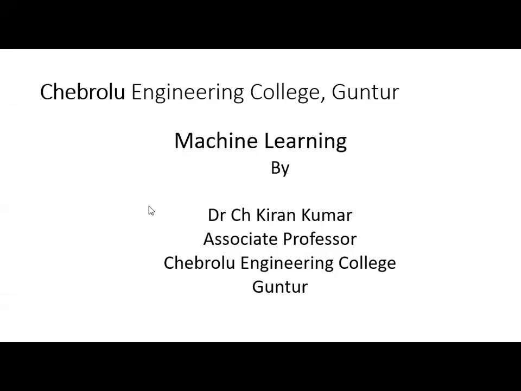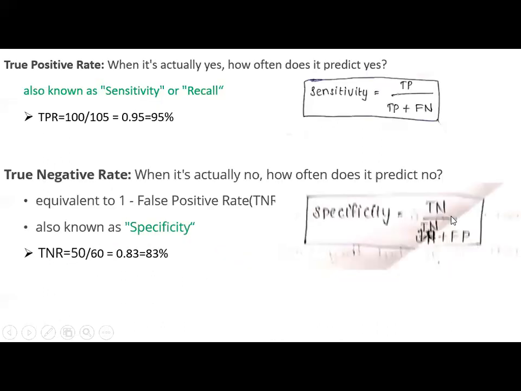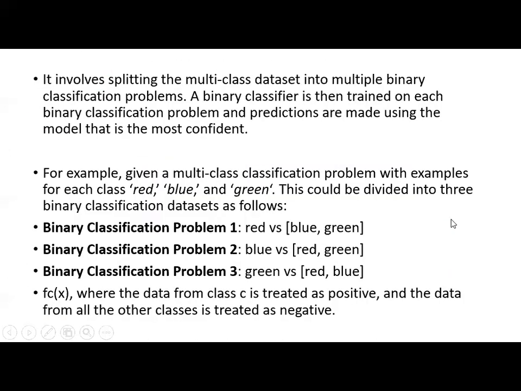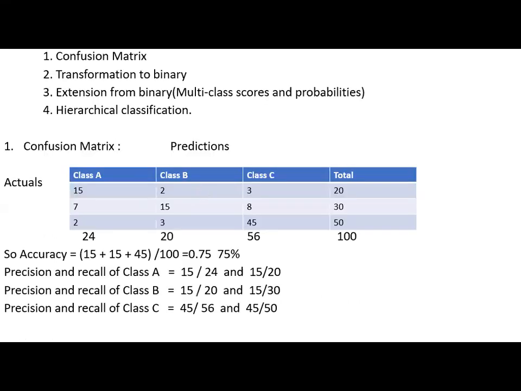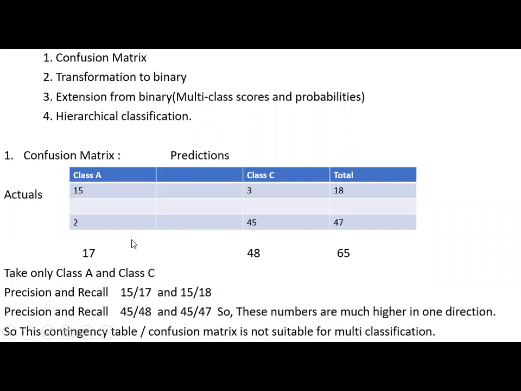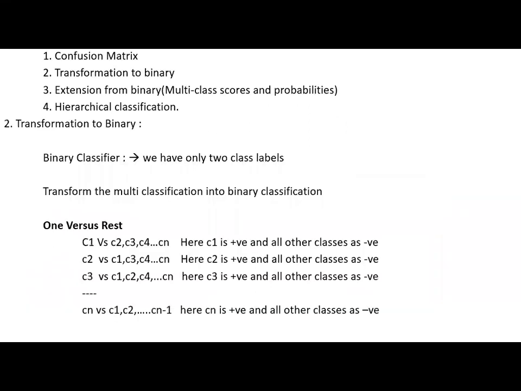Right. Now, yesterday we have seen what is called multi-classification, using the confusion matrix, extended confusion matrix, or contingency table, and the transformation of multi-class to binary classifier.